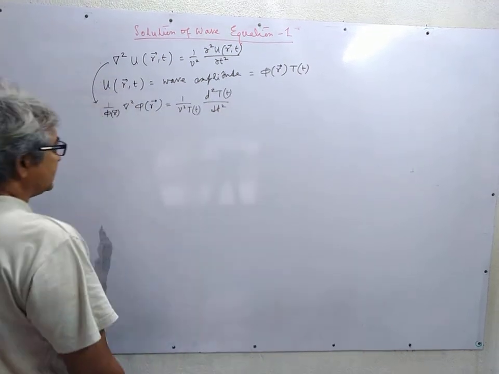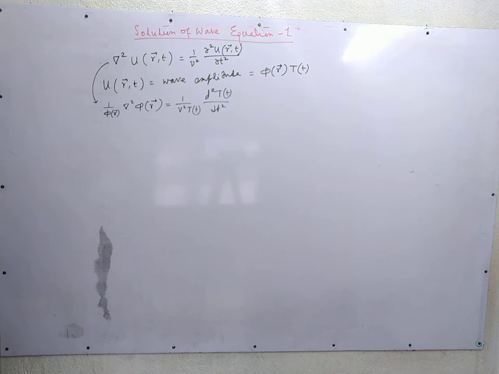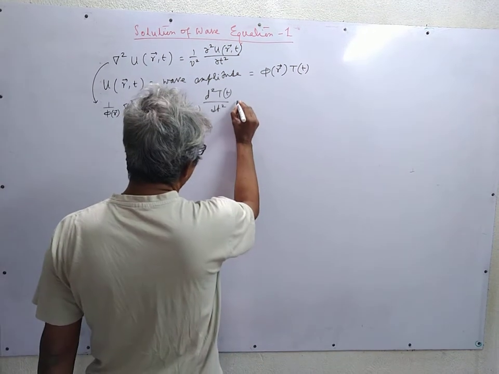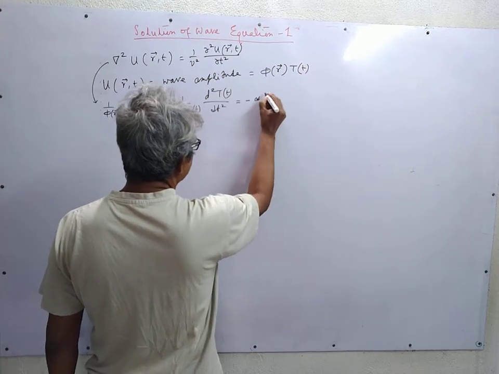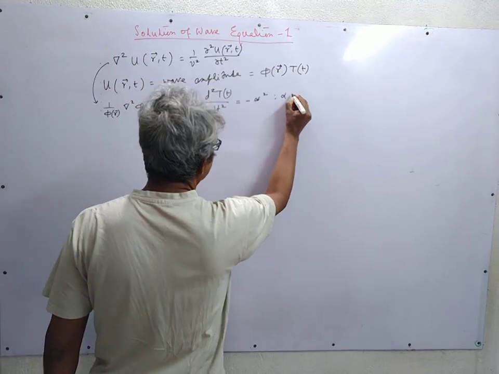The left hand side is a function of r only, the space variable, and the right hand side is a function of time. So we call this minus alpha square, where alpha is real.